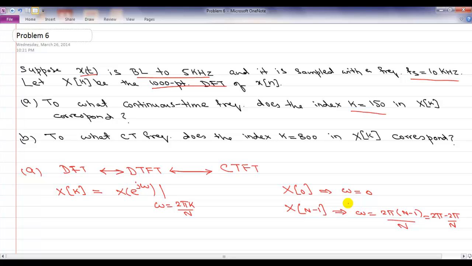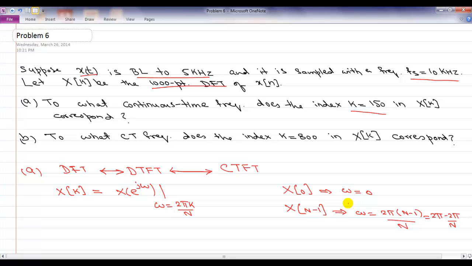And so what you have to be careful is, we had done those expressions a few lectures back, that if your index is such that you go above pi, you have to bring it back by subtracting 2 pi so that you remain within the minus pi to pi range.